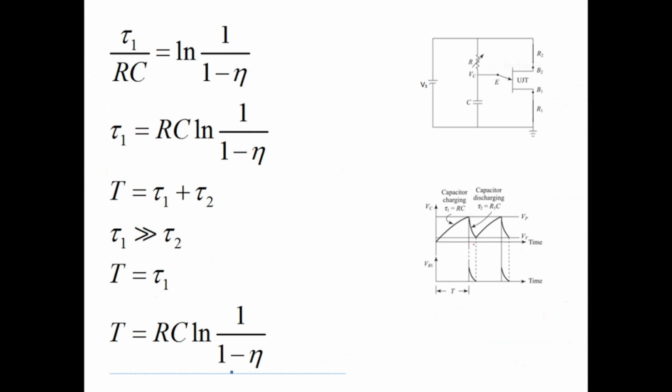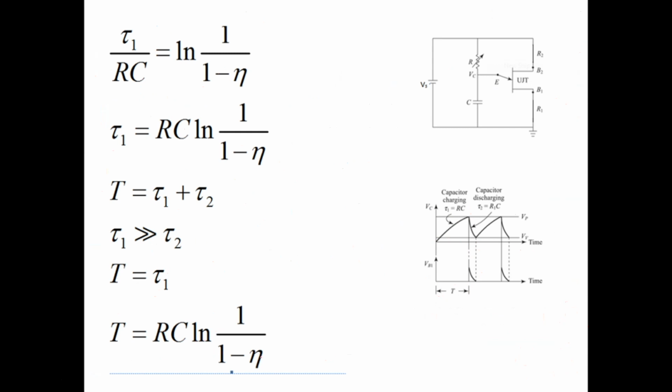If you neglect tau 2, it is an approximation; the period of this oscillation I will consider as tau 1, since tau 1 is much greater than tau 2. So instead of tau 1 I will write T. So T becomes Rc ln 1 by 1 minus eta.